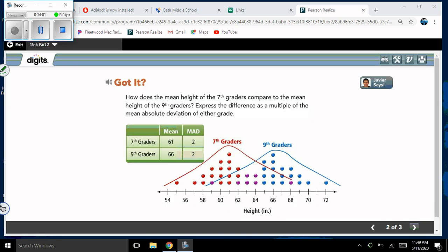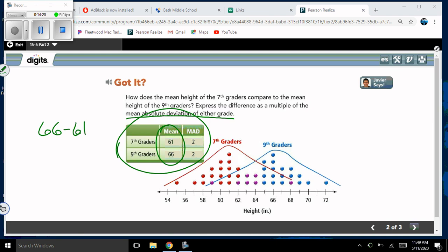All right, moving on with this next example problem here. Again, they give you all the data that you want right here in this chart, where they say express the difference as a multiple of the MAD of either grade. So if we simply take a look at the difference between the two means, 66 minus 61, obviously that's 5, and then we take that 5 and divide it by the MADs, and the MADs in both cases are 2.